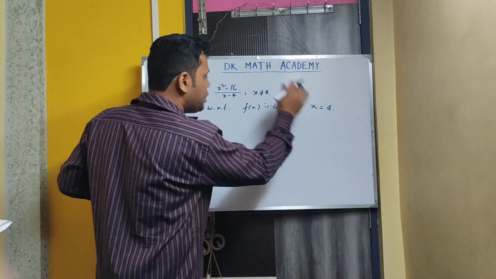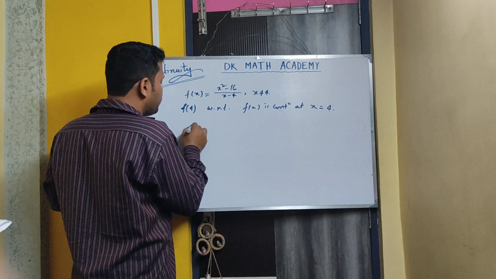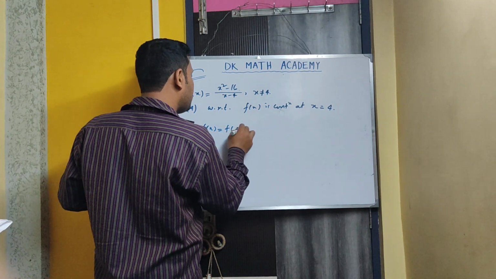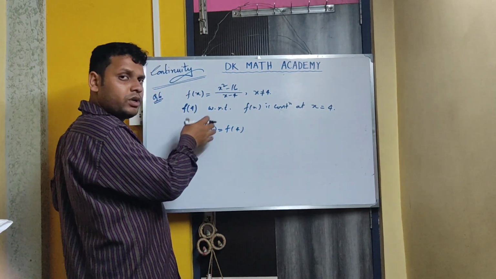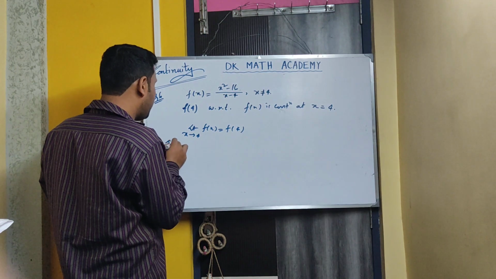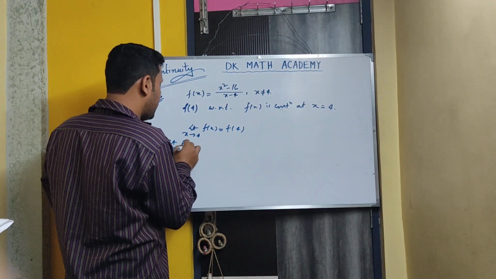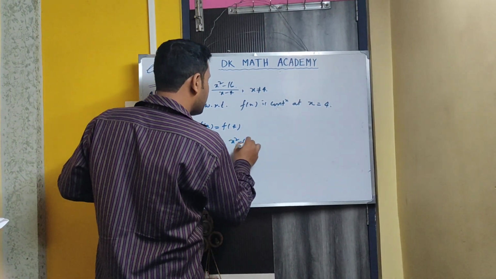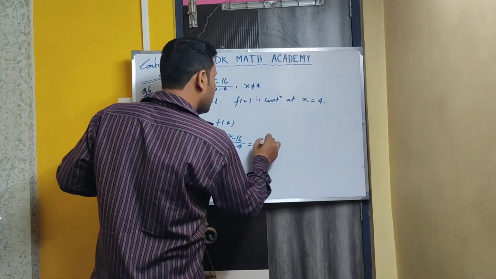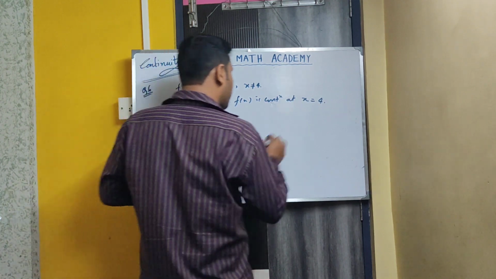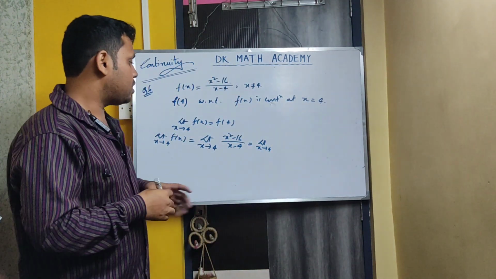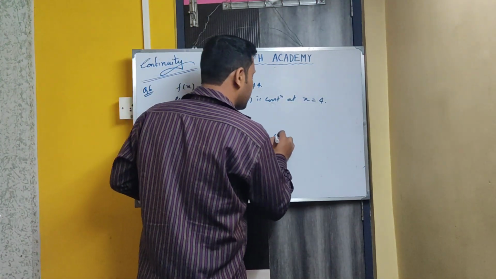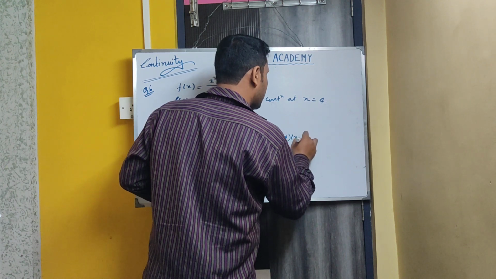If the function is continuous at x equals 4, then we can write limit x tends to 4 f(x) equals f of 4. Here the limiting value will be the value of f of 4. The limiting value of the function is (x square minus 16) by (x minus 4), limit x tends to 4. x square minus 16, this is the formula a square minus b square, that means x square minus 4 square, that means (x plus 4) into (x minus 4).